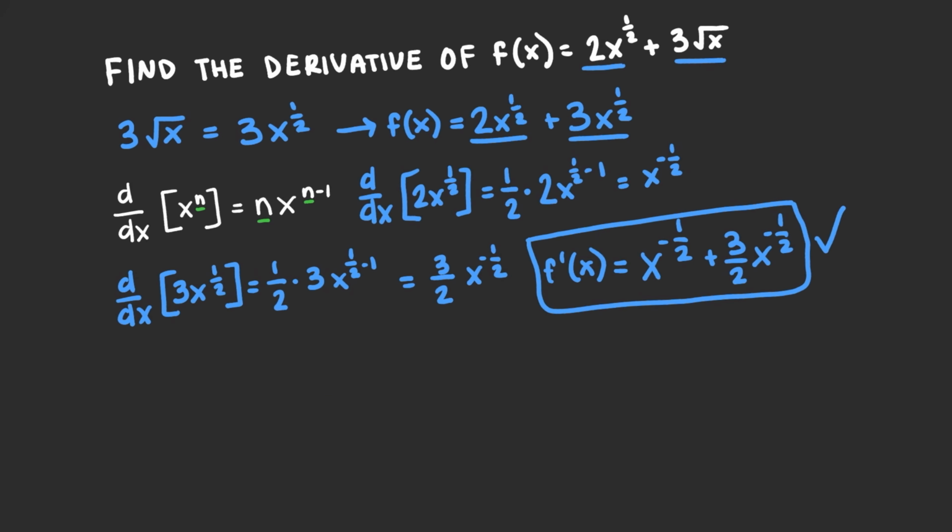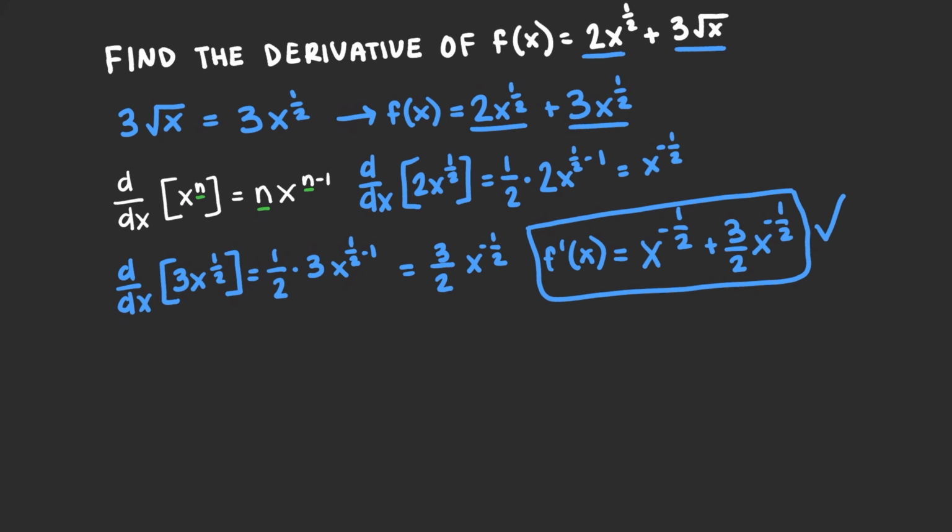I didn't mention this earlier because truthfully I didn't even notice it, but these two are right up here. They're like terms, so you could have added them together in the beginning to get 5x to the power of 1/2, but even now at the end, they remain like terms, so you can still simplify further.